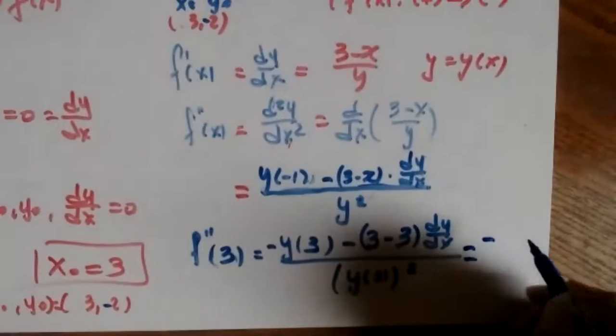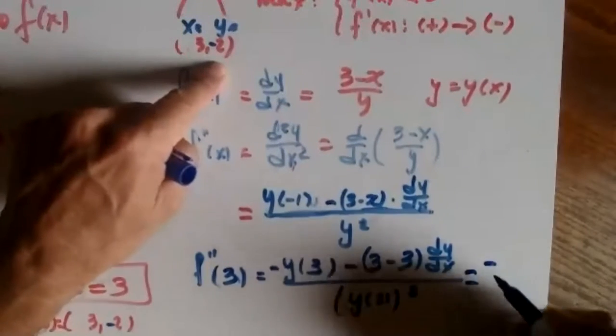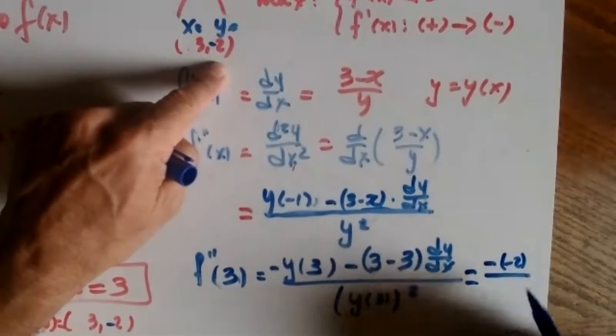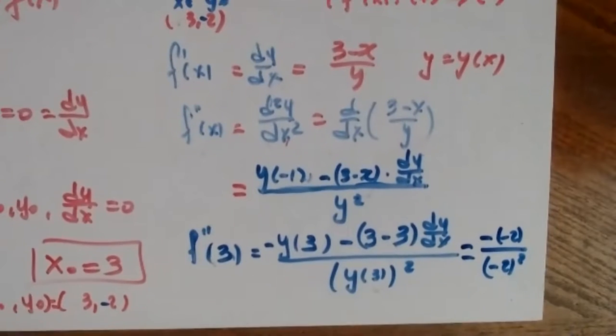This is y0, so negative negative 2 over negative 2 squared. Okay, what is f prime of 3? 0.